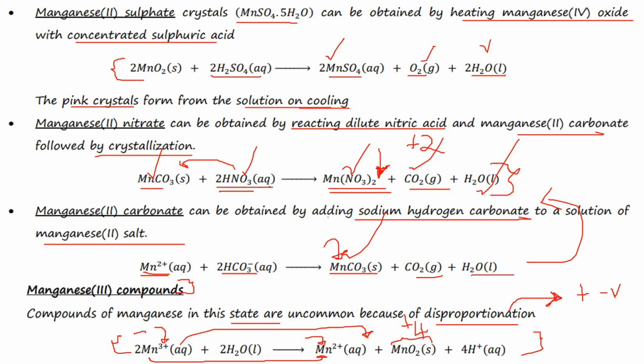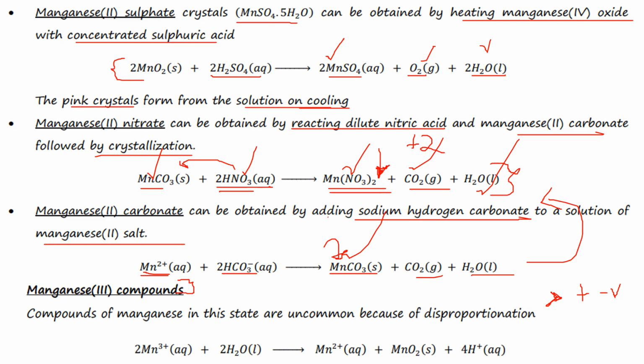So that means that the manganese(III) ion, as we started with in the reactant, has been reduced at the same time as being oxidized, and that's what we call a disproportionation reaction, which is that reaction in which the same species undergoes both oxidation and reduction simultaneously.